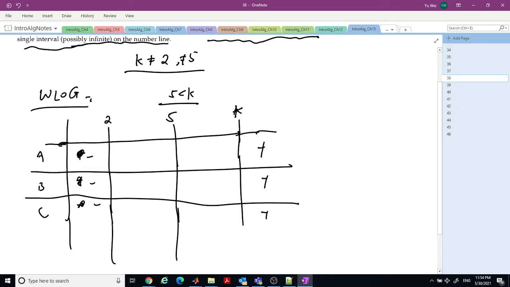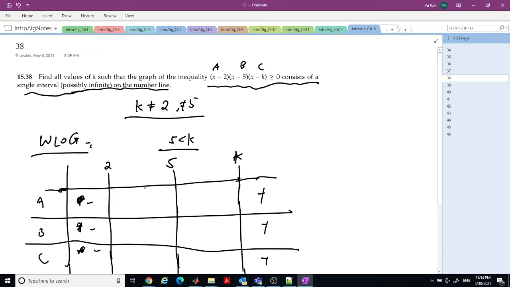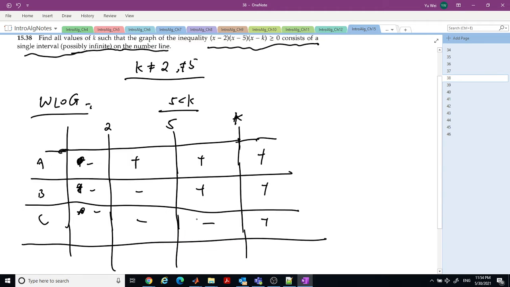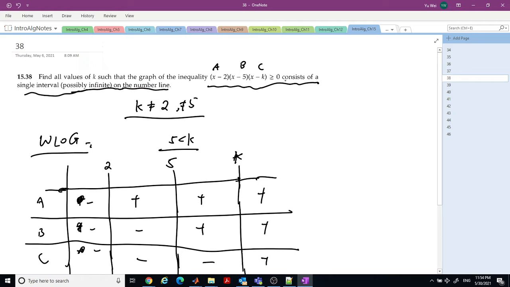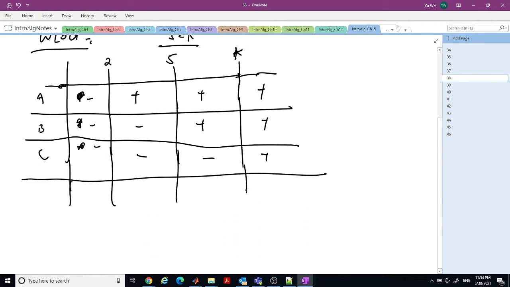Then the final sign is the multiplication of these. Between 2 and 5, we have positive, positive, negative. Now we want the expression to be greater than or equal to 0 on only a single interval.